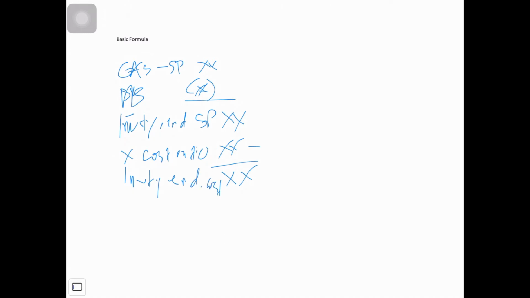And to get the cost ratio, it is goods available for sale cost over goods available for sale selling price.